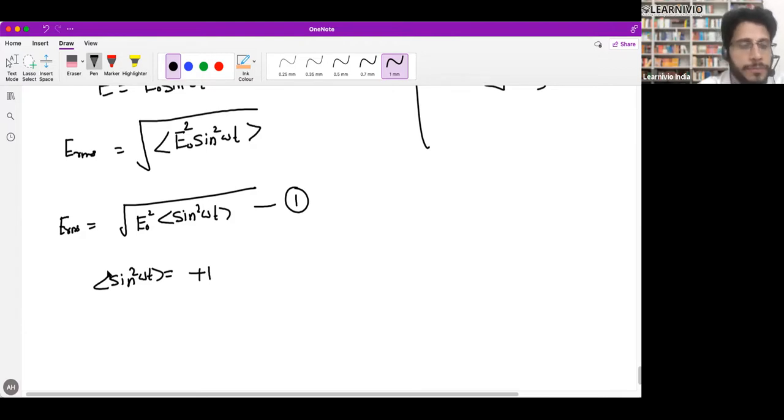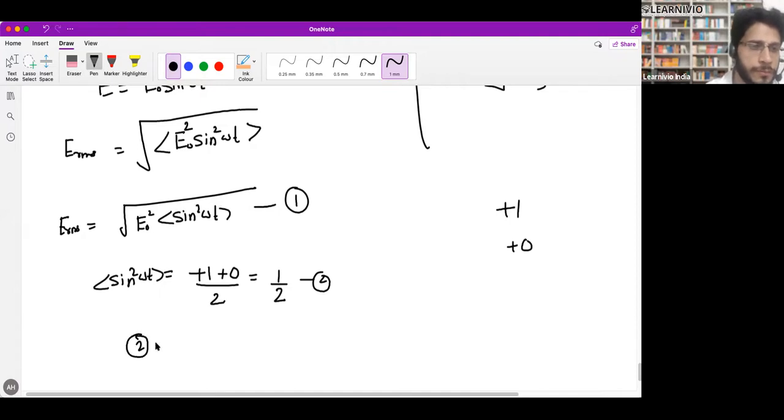So what is the minimum value of sine square omega t? Equal to 0. 1 is maximum, 0 is minimum. So it's 1 by 2, half. So next, you can put 2 in 1.